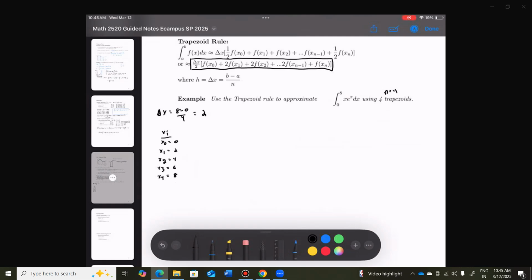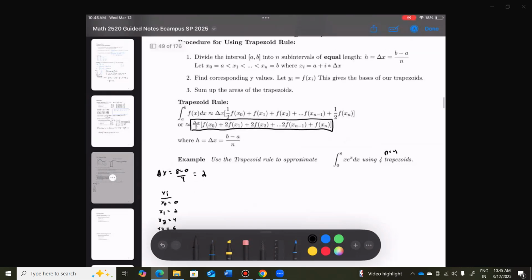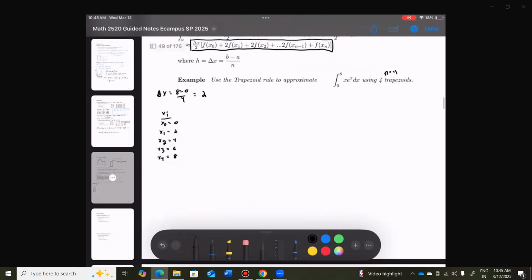Now, one of the differences with this is we do not average our x sub i's. So once we have our x sub 0 to x sub 4, we use those. And so that is one thing we won't have to do. One big difference between the midpoint rule and this rule.